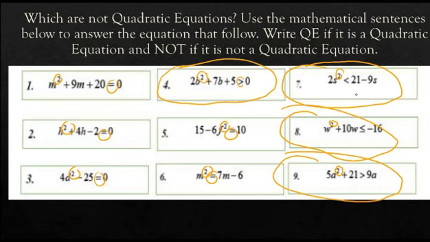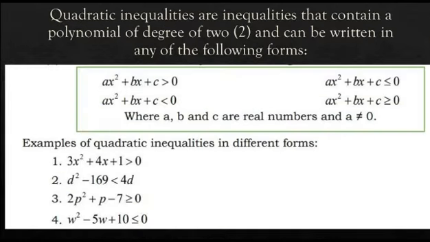We have greater than here, less than or equal, and greater than here. So therefore, 4, 7, 8, and 9 are not quadratic equation, which will come up with our introduction to quadratic inequalities.